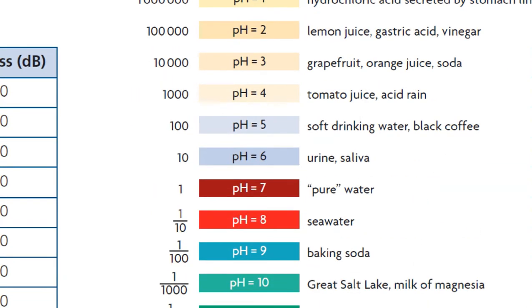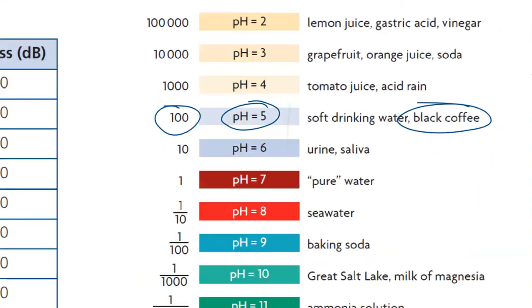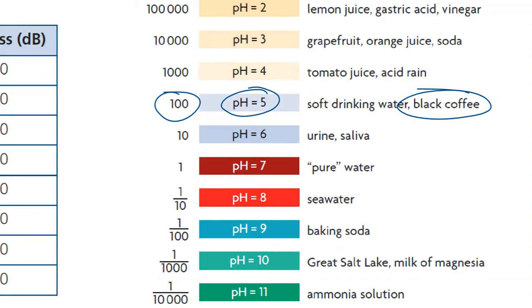Water, pure distilled water, has a pH of 7, and that's just a 1-to-1 ratio. For example, black coffee has a pH of 5, but it's got 100 times more hydrogen ions in it. Acid rain, tomato juice, 1,000 times more, but it's just a pH of 4. So it just makes the scale more user friendly, even though the multiplier is a lot bigger than it looks.